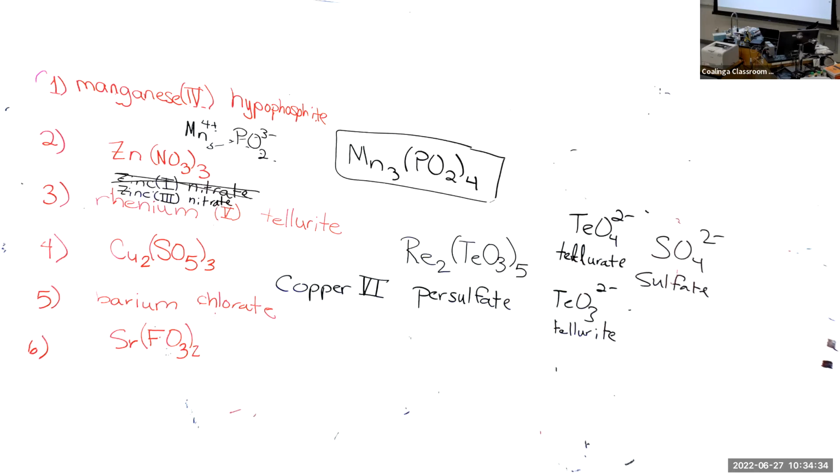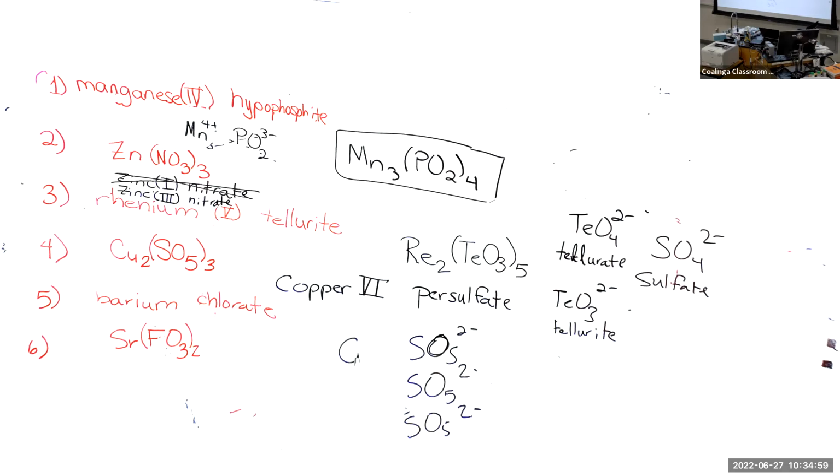Now, let's break it down. Okay. So each per sulfate has what charges associated? 2 negatives. And we have how many of them? 3. We have 3 of them. Okay, and the copper, you have how many?